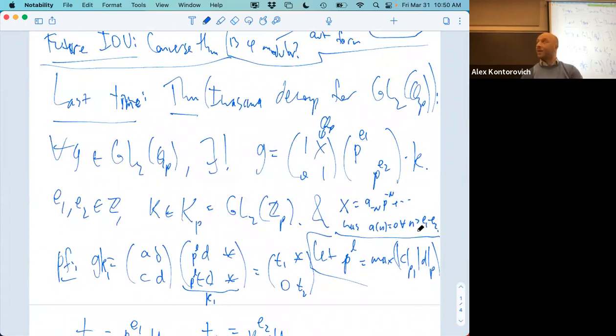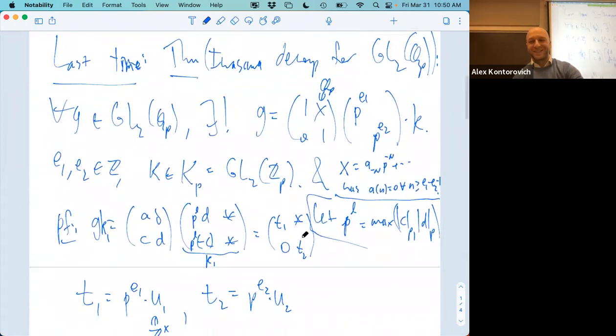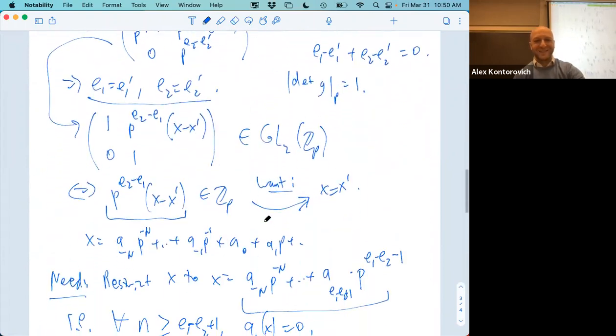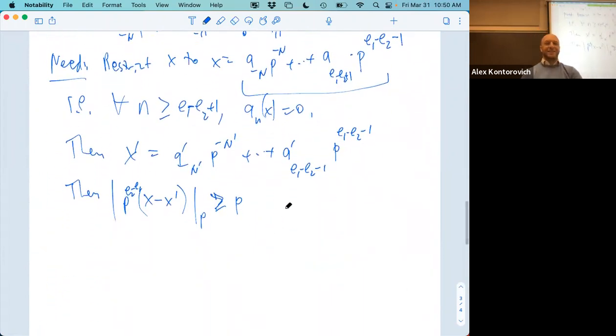So wait, do I want this? I'll just play it safe and put exactly the condition instead of thinking about getting rid of the strict. Yeah, that's what I want. I want to have at least, when I multiply by E2 minus E1, a P in the expansion.